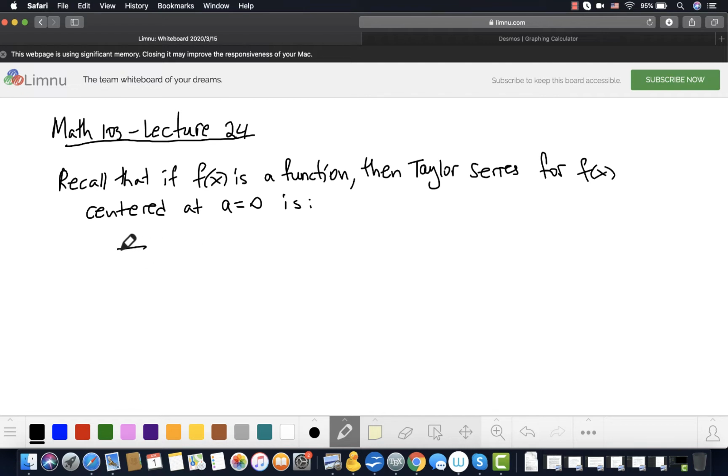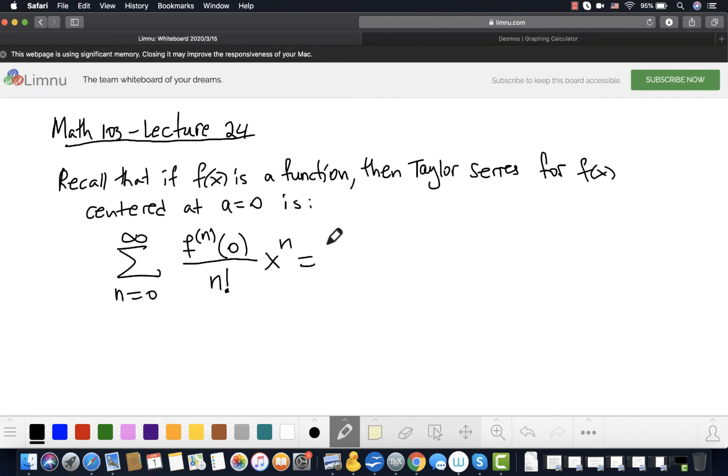So it's the sum, n goes from 0 to infinity, of the nth derivative of the function evaluated at 0 divided by n factorial times x to the n. So this is kind of like a polynomial, but it's an infinitely long polynomial.